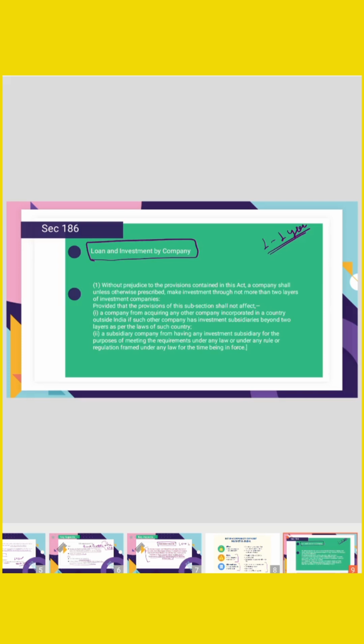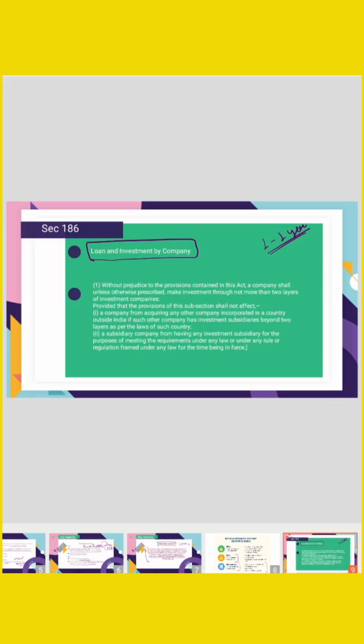But with reference to section 186, the word ICD has not actually been used here. They have generally used the words loans and advances by a company. So we will be discussing from that particular aspect.